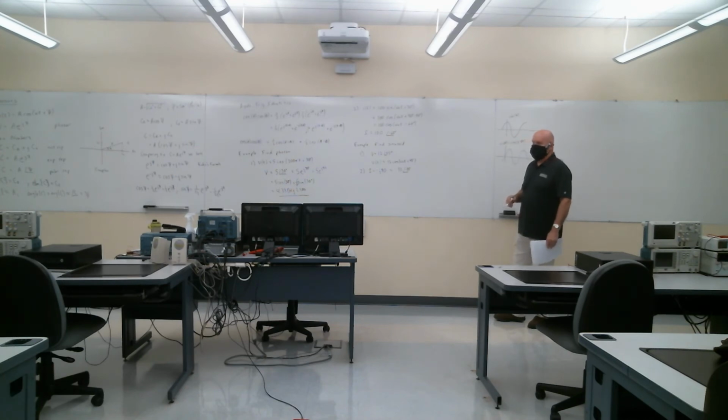What would be j10? What would that be in polar form? 10 at 90. What would be I equal 30? 30 at 0 degrees, right? That's just a real number. It's on the real axis. What about I equal minus 200?